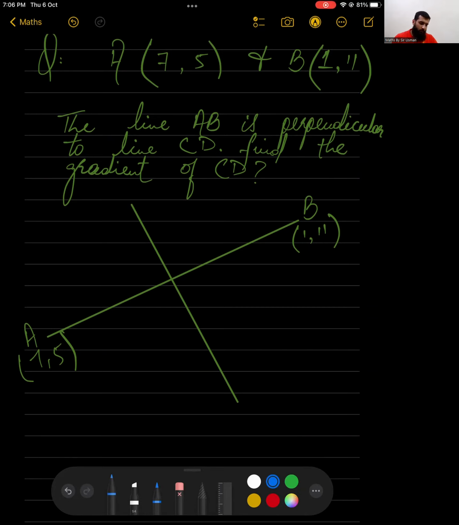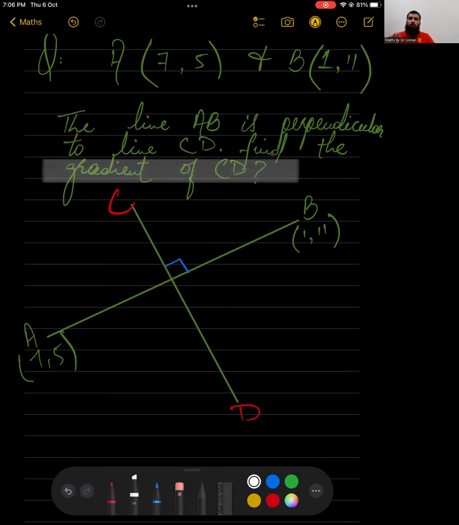Yes, Manu, you are right. So if you have a perpendicular line right over here, तो आपके पास जो coordinates हैं CD के वो given नहीं है. You haven't been provided with the coordinates of C and D. तो अब यहाँ पर problem ये है कि अगर मेरे पास C से D तक के coordinates नहीं हैं, how will I be able to find the gradient then? तो अब मैं gradient find कैसे करूँगा?